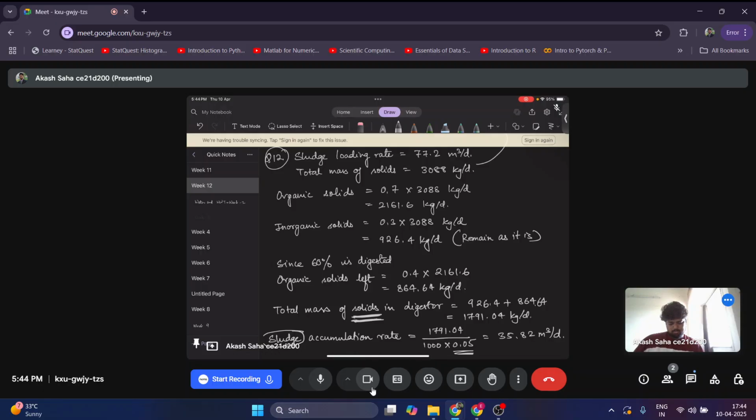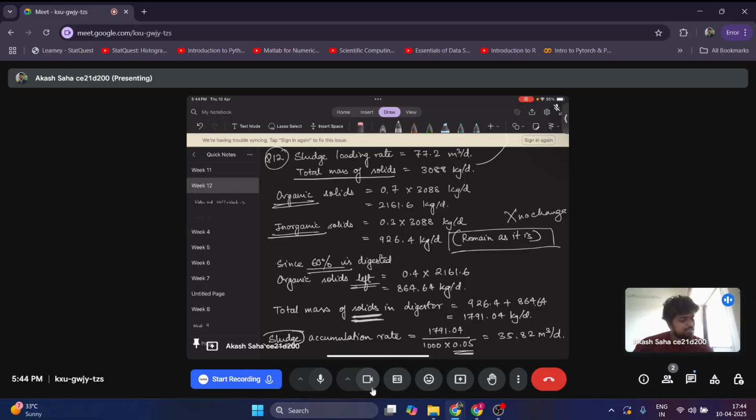So there are many extra informations given in the problem, so we have to be careful. First, see what is the total mass of solids, out of which how much is organic and how much is inorganic. Inorganic will remain as it is. There will be no change. But organics will be digested for 60% or whatever is given in the question.